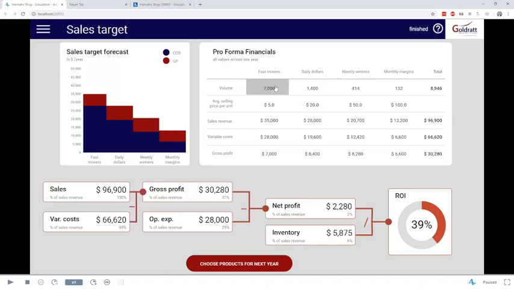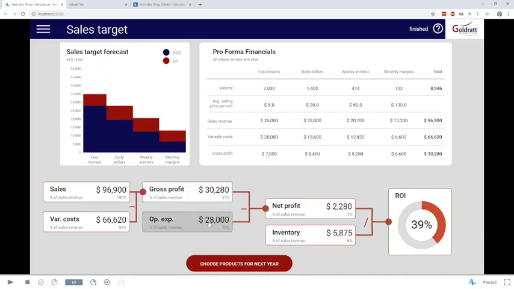For example, for fast movers, our colleagues expect to sell about 7,000 over the course of a year at the price of $5, giving you an expected revenue of $35,000. They cost $4 to buy, so your variable cost is $28,000, leaving you with a gross profit of $7,000.